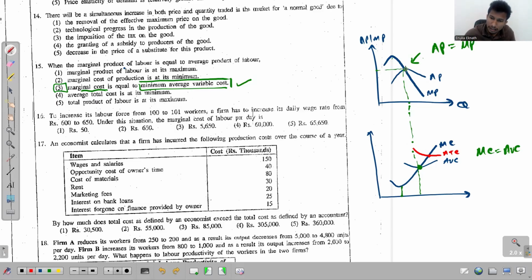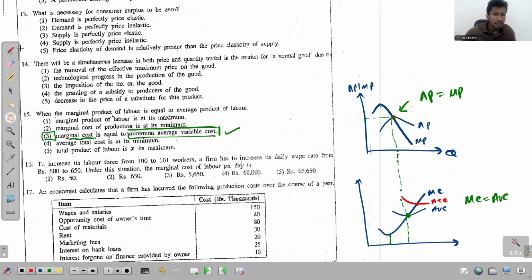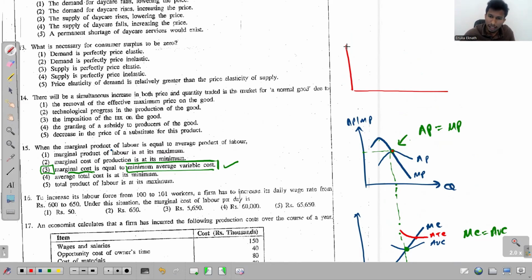See, at this point, when AP equals MP, if you just draw the TP curve, it will look like this. TP curve has how many different regions? Initially, it increases at an increasing rate, and then it starts to increase at a decreasing rate.